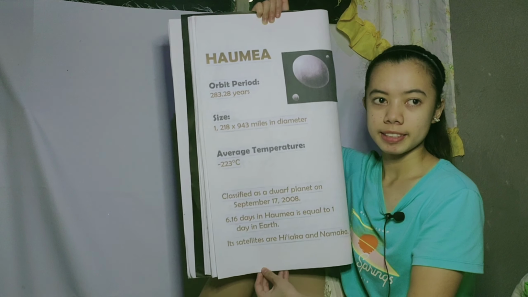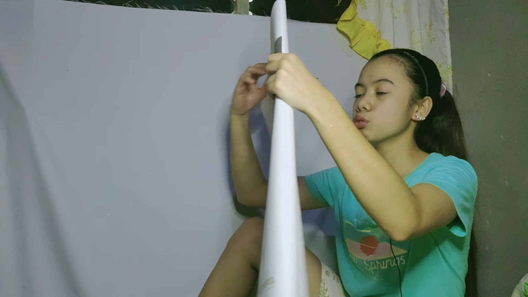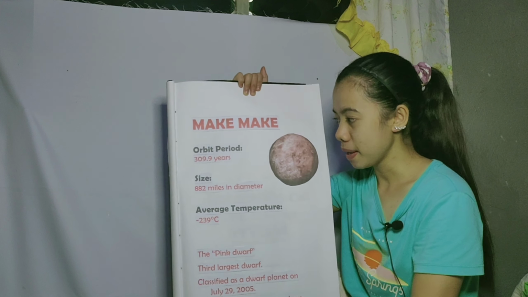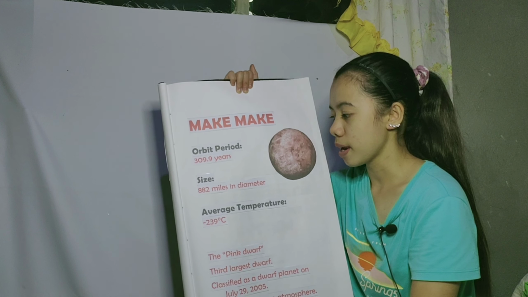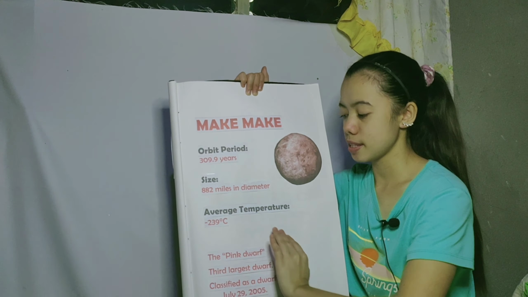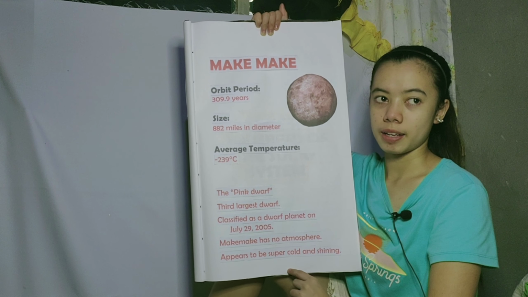Right? So we're good now with this? Okay, let's move on to Makemake, the pink dwarf. For this, we also have the orbit period, the size, the average temperature, and other given facts for Makemake.